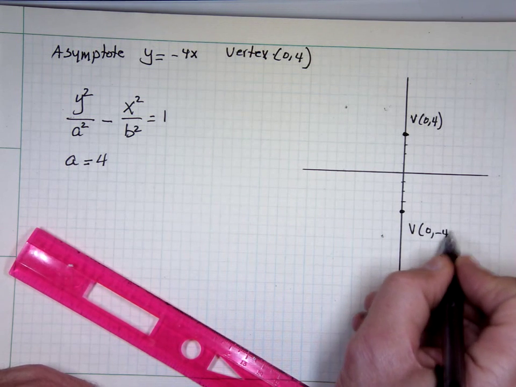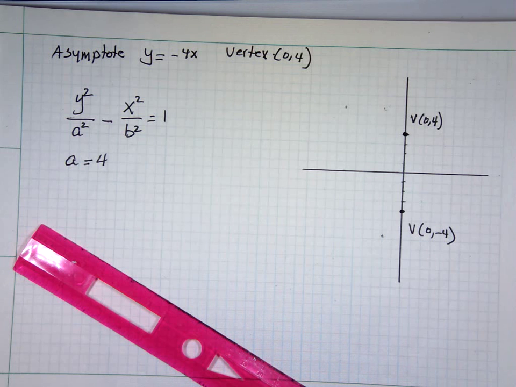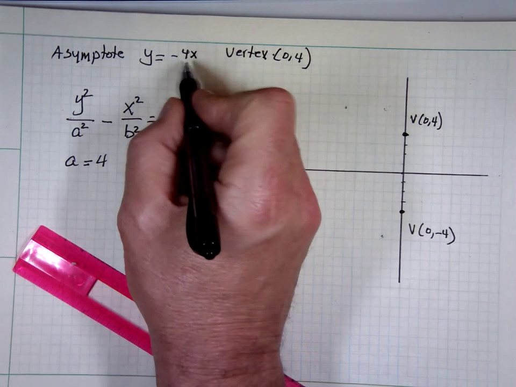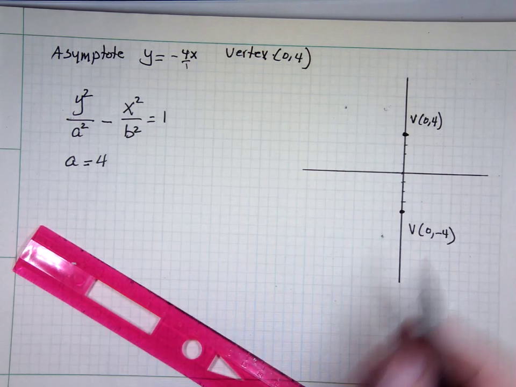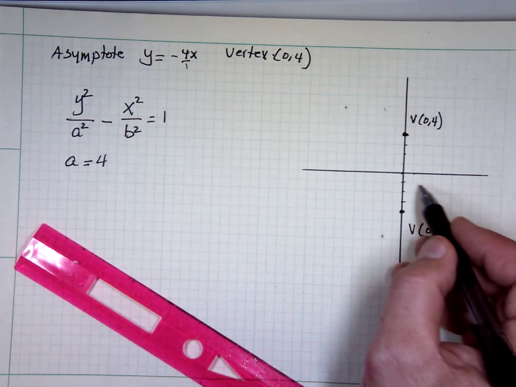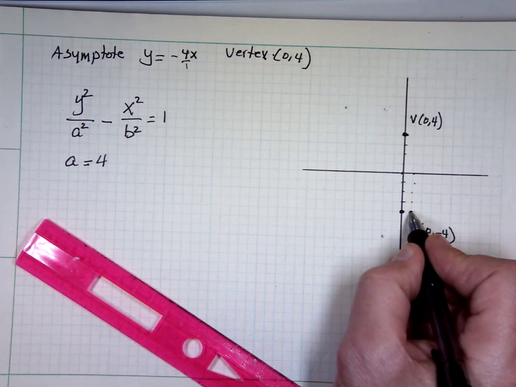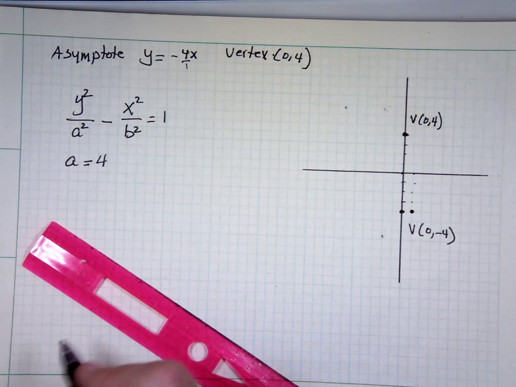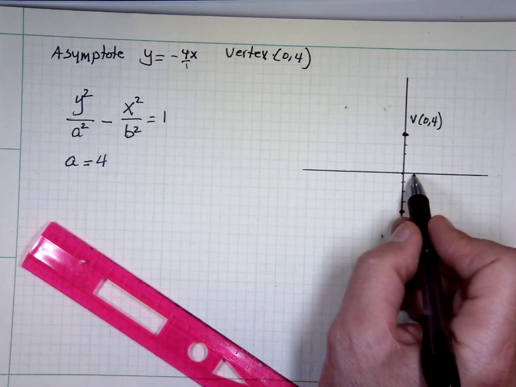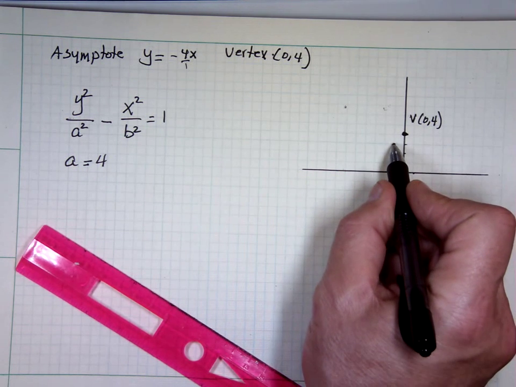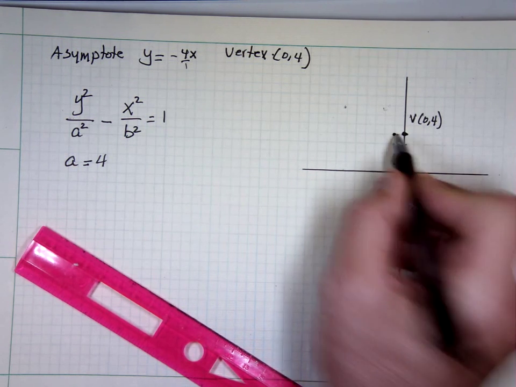They tell me what the slope is, y equals negative 4x. So we know it goes through that point, negative 4, which means what? That's 4 over 1. Go 1 to the right and 4 down. So it's going to go through that point, right? 1 to the right, 4 down, or 1 to the left and 4 up. So that line actually goes through that point.